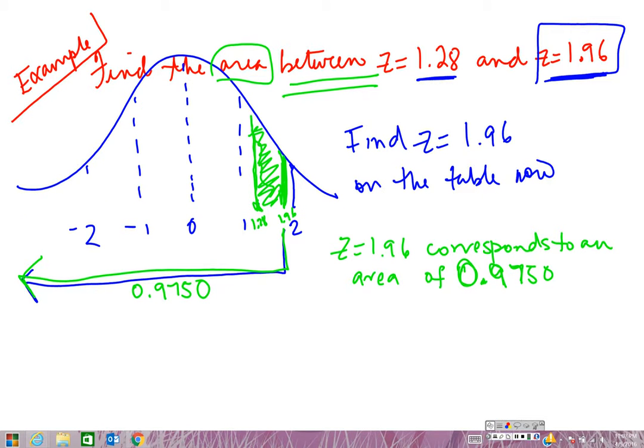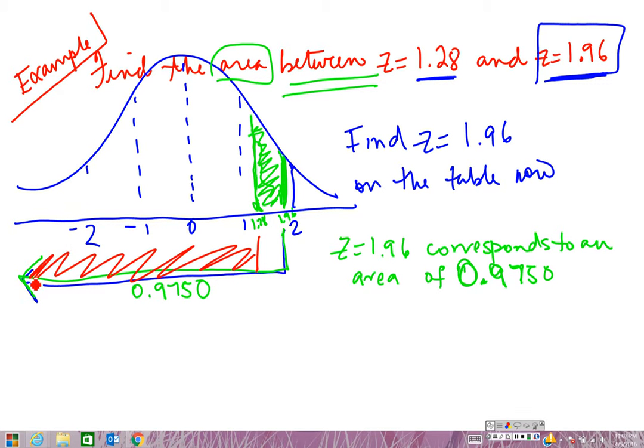I subtract it away, and that only leaves me with the area between 1.28 and 1.96. So I got to subtract all of this, right? So that's why I need to find this area, so I only end up with this area. This is all I want right here, this little piece. So I got to subtract all of this.